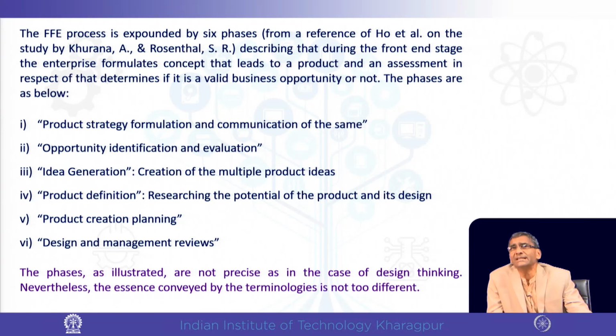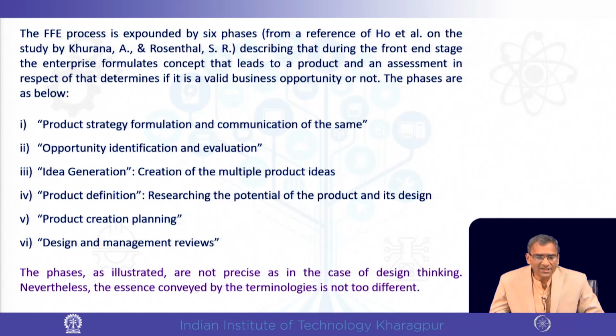In this slide you can see that this reference is taken from the Hoetel and study of Khurana and Rosenthal, etc. So, the phases are, as you can see, product strategy formulation and communication of the same, opportunity identification and evaluation, idea generation, and as we said that in idea generation the objective is quantity in the beginning, quality comes later, quality comes at the concept development stage.